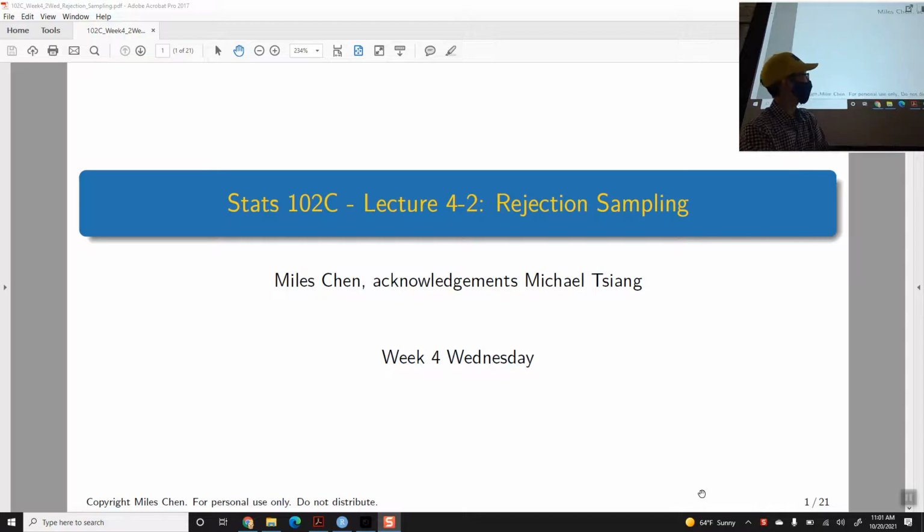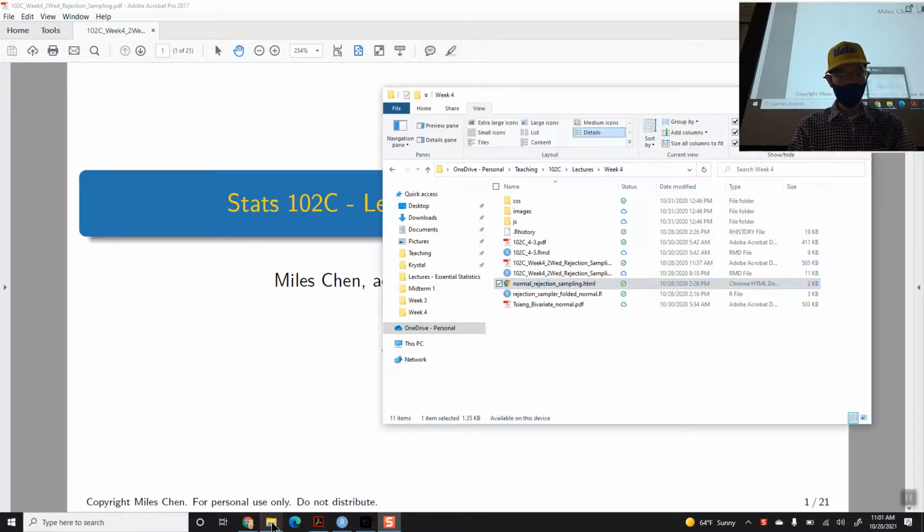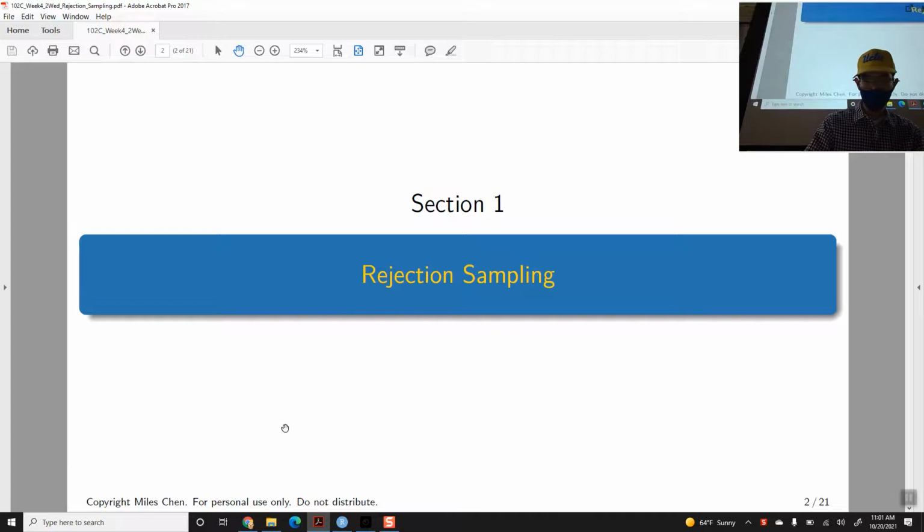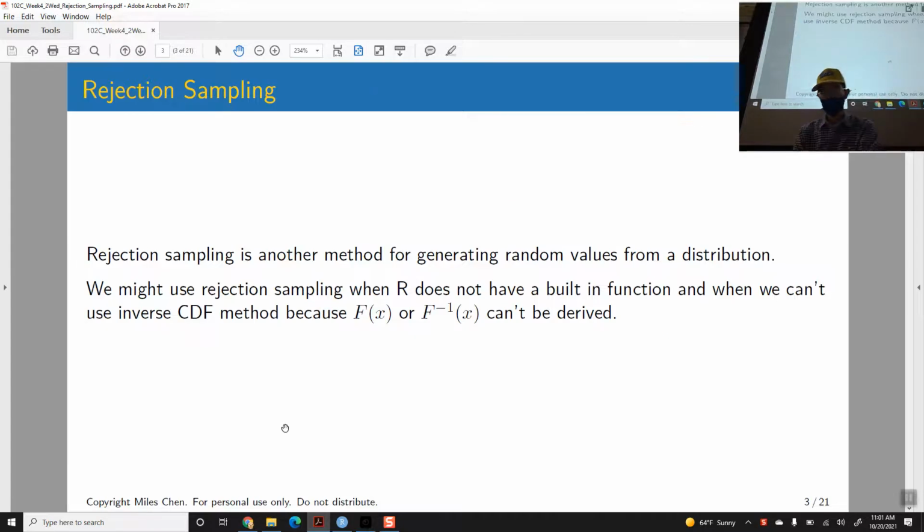Okay, we will continue our lecture on rejection sampling. We talked about this on Friday of last week.